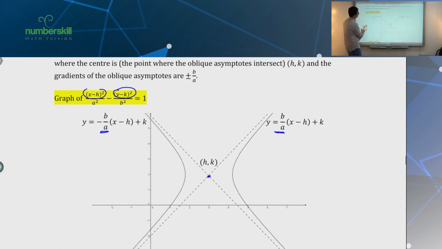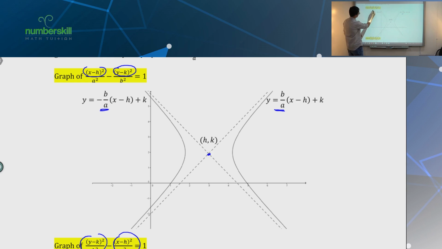The gradient is equal to plus minus b over a, if you like, y over x. So the gradient of the dotted line is plus minus b over a. And if you know the gradient and you know that it must pass through this point, you can find the equation.